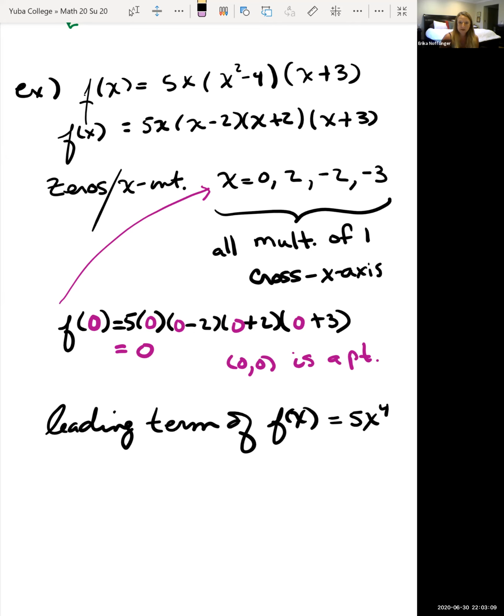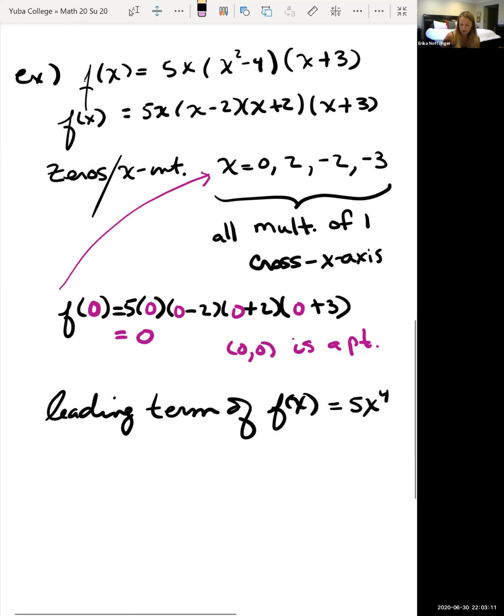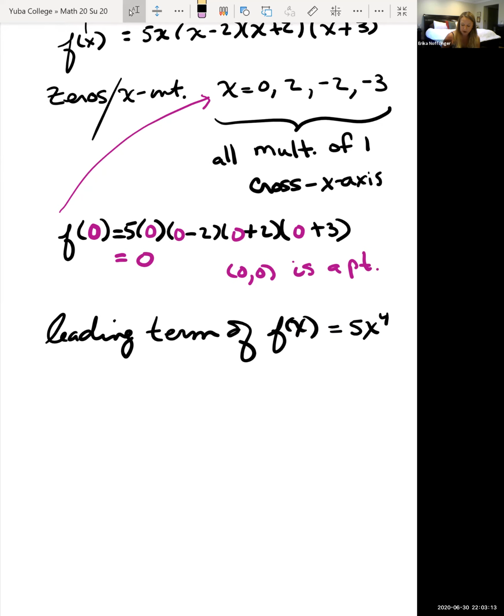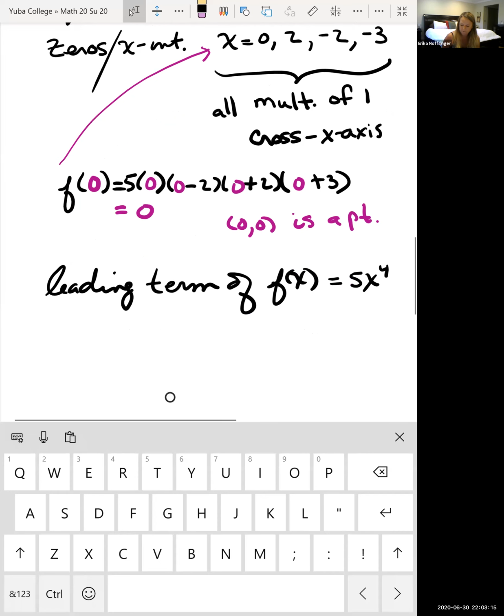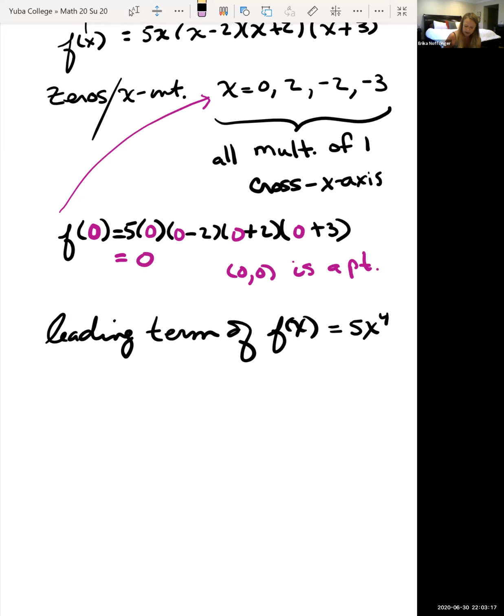So it's an even degree. Both of our end behaviors are going to be going in the same direction. The coefficient in front is positive. A positive number raised to an even power is positive, and a negative number to an even power is also positive. So this is going to go to positive infinity.